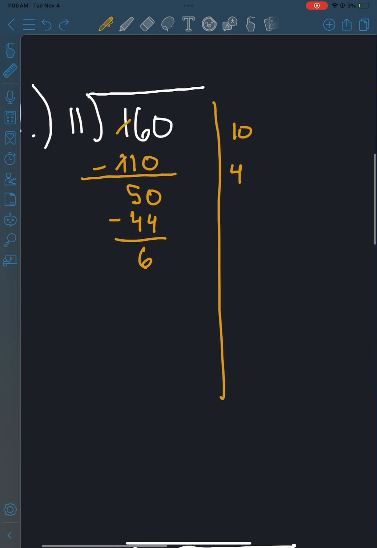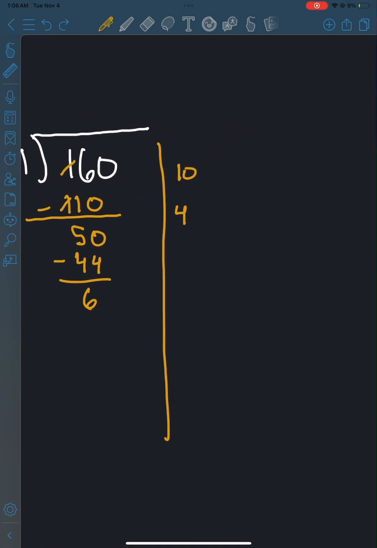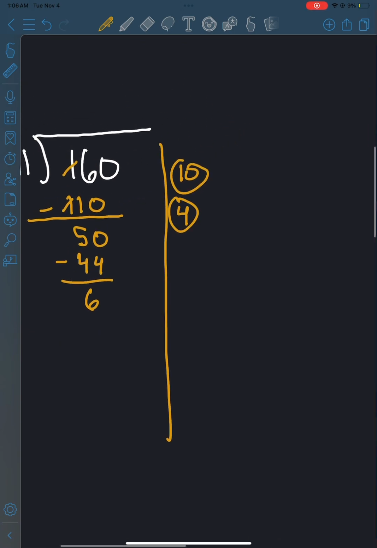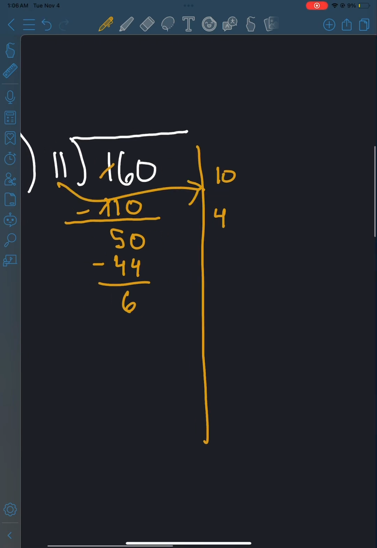All right, now the last step in our partial quotients is to add these 2 up. So add this one and this one because we put 11 into 160 10 times. And then we had 50 left over.